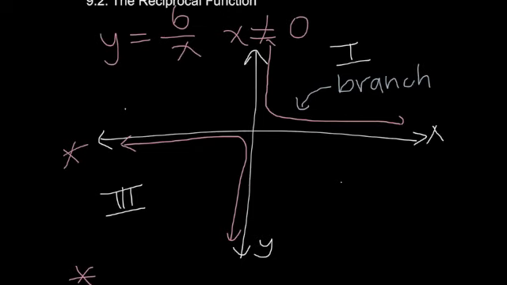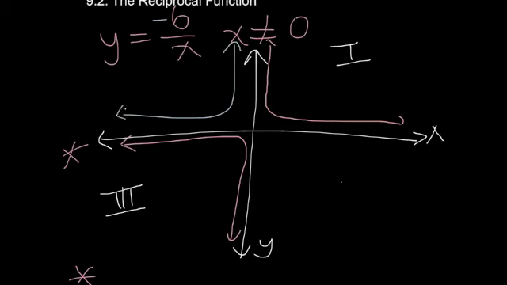And another part to consider is, what if it was y equals negative 6 over x? And in this case, what you're basically doing is flipping your branches. So this would look like that. You're just flipping the branches over the axes.